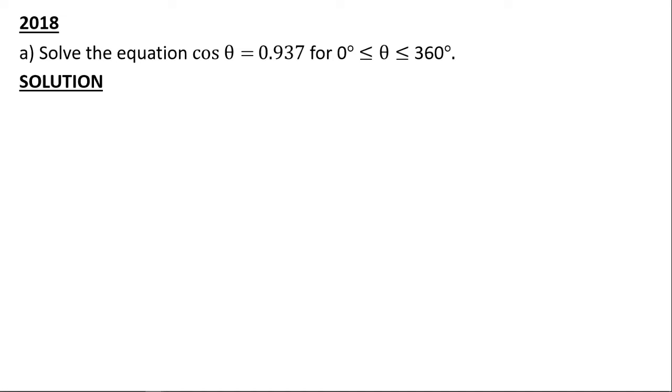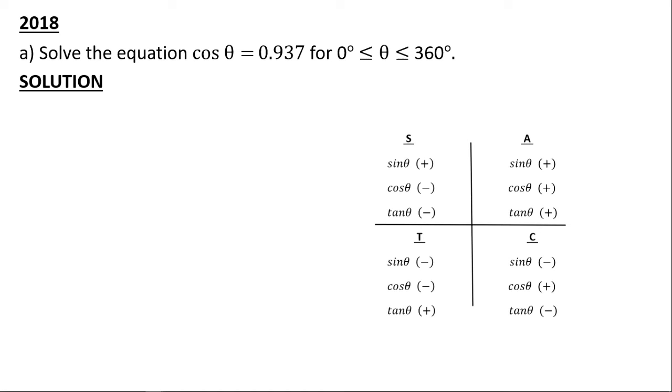So we say cos theta is positive in the first and the fourth quadrants. So cos theta equals 0.937.